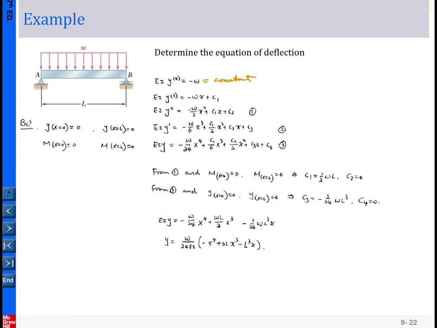We integrate 4 times, and we come up with the 4 integration constants C1, C2, C3, and C4. Here we have 4 boundary conditions, simply copied from the previous example. So this page shows you in detail how to solve for C1 to C4. So that is the equations.